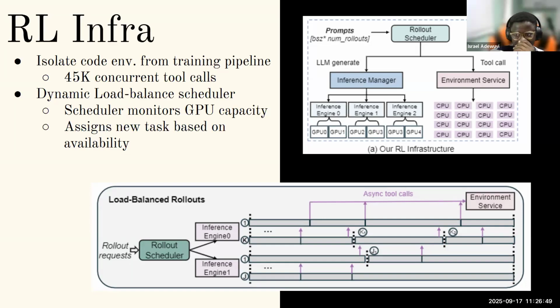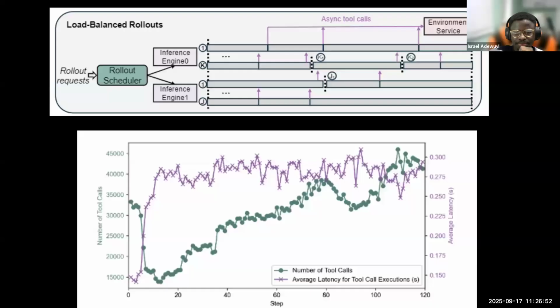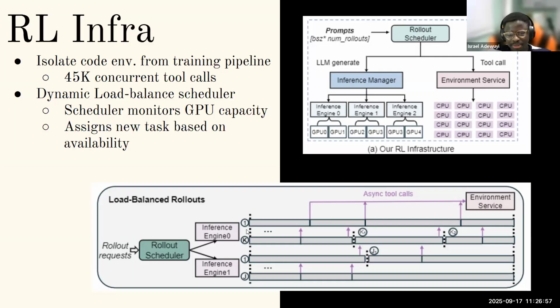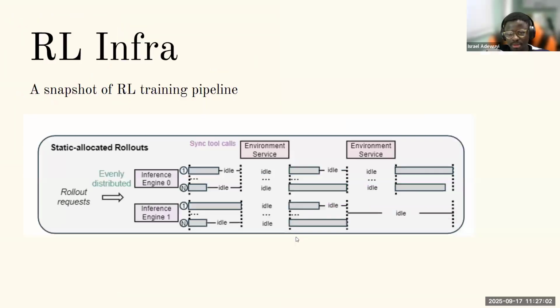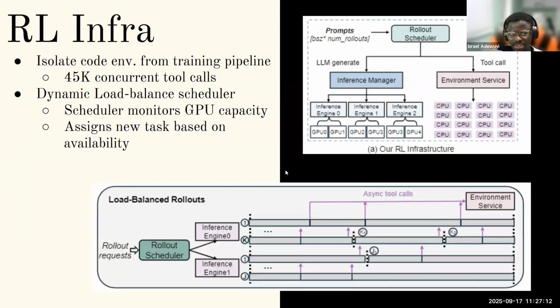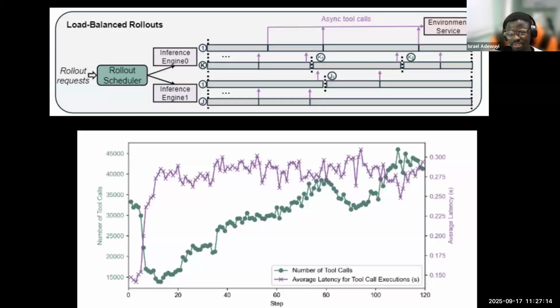So yeah, this is the RL training infra. There are these charts from the paper that look like you're having a bunch of idle time in the rollouts, and with a more efficient environment service, you're able to make everything as compact as possible and evenly distribute loads among all of the GPUs.